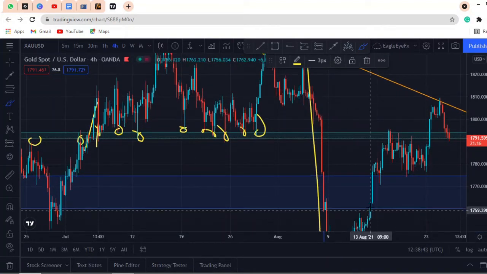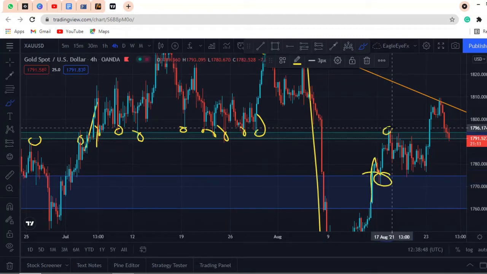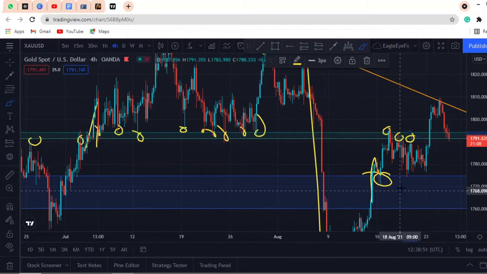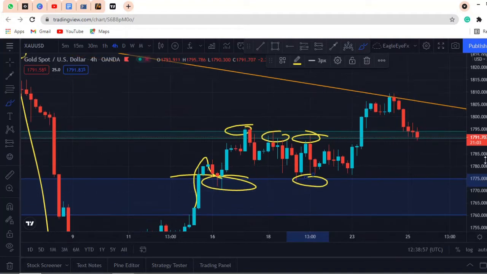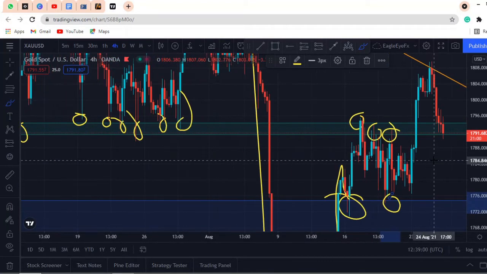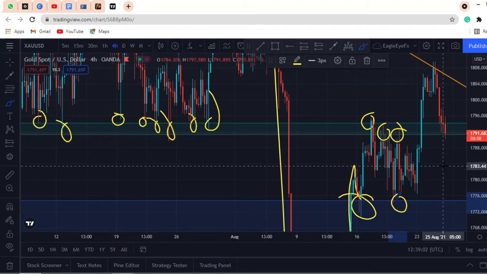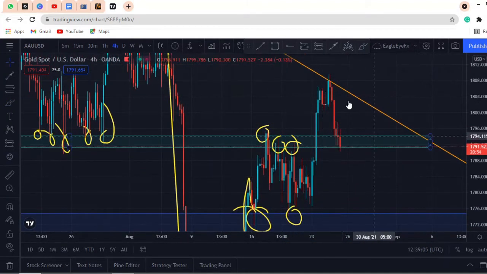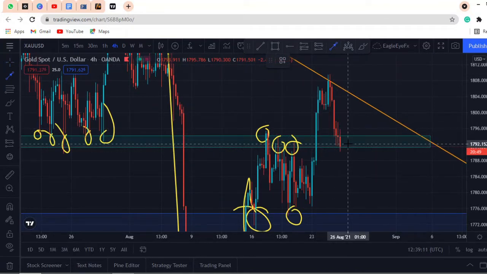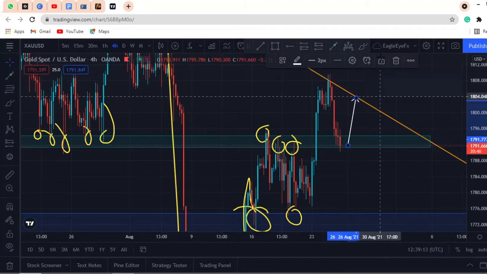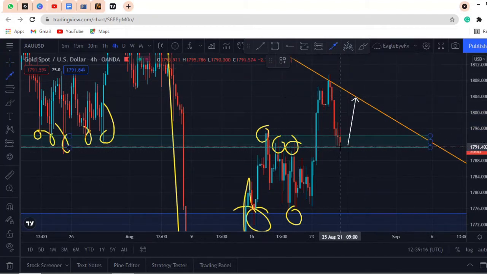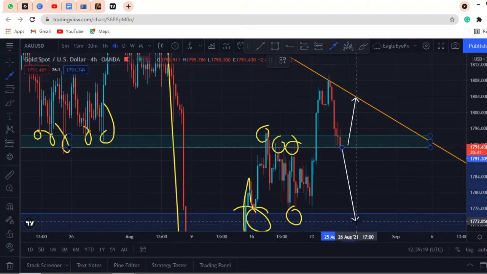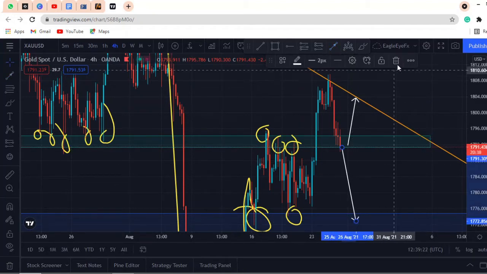Then it came again, broke this and found support, pushed up, then you see some resistance, then some support, and now we are at that particular level. So the probability is, if gold is not able to break this level, then there are some buying opportunities up to here. If it's able to break this level, then I'm looking for selling opportunities up to this particular level here.